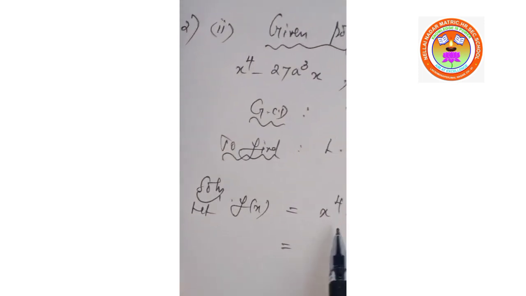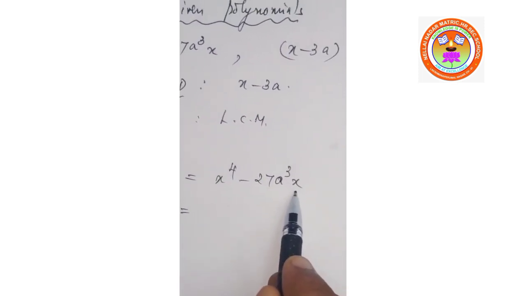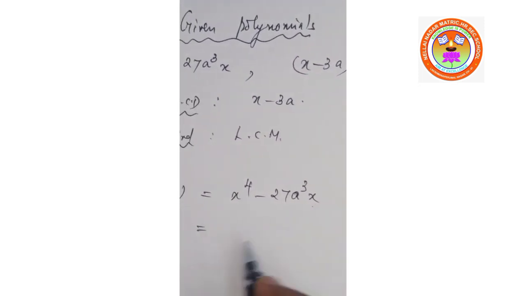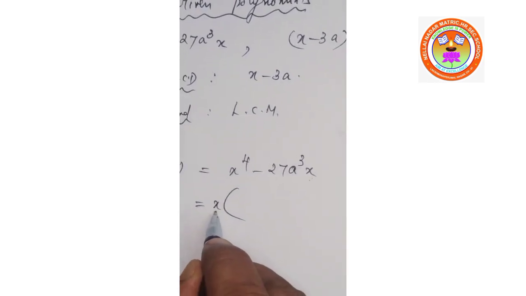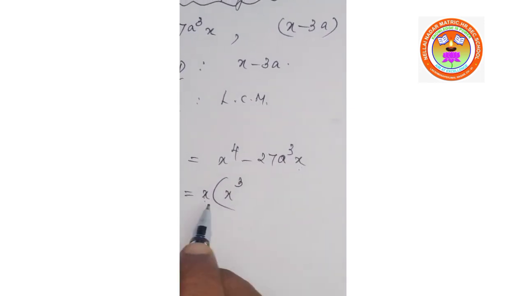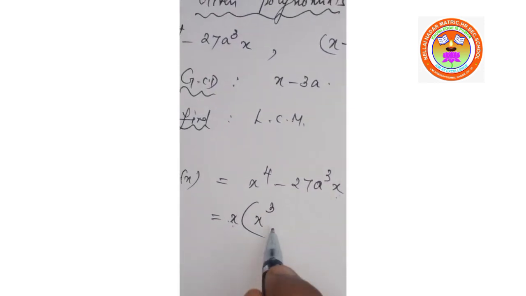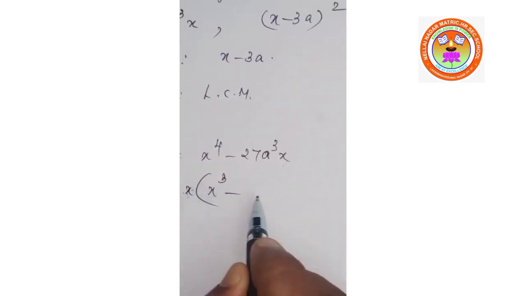Okay, we can take a common factor. Which one is common? X power 4 and x. Since x is the least one, I take x as common. Since we have taken x as common, what should be multiplied with the x to get x power 4? Definitely x cube. x into x cube is x power 4, minus 27 a cube. Already have taken x as common.